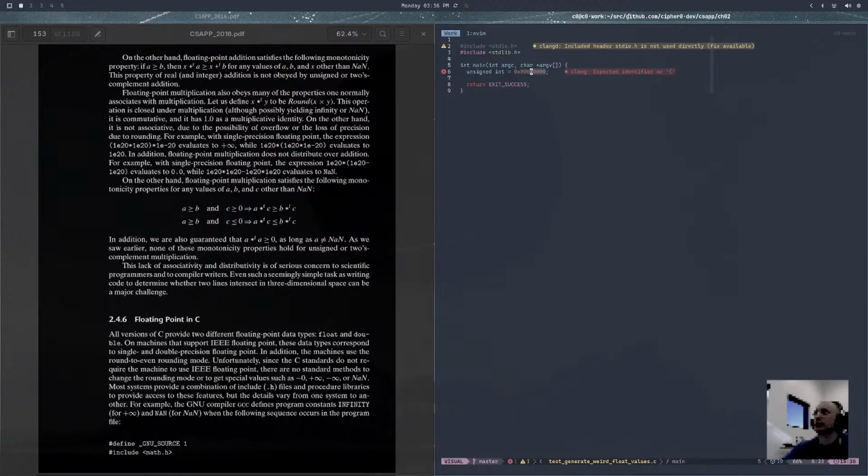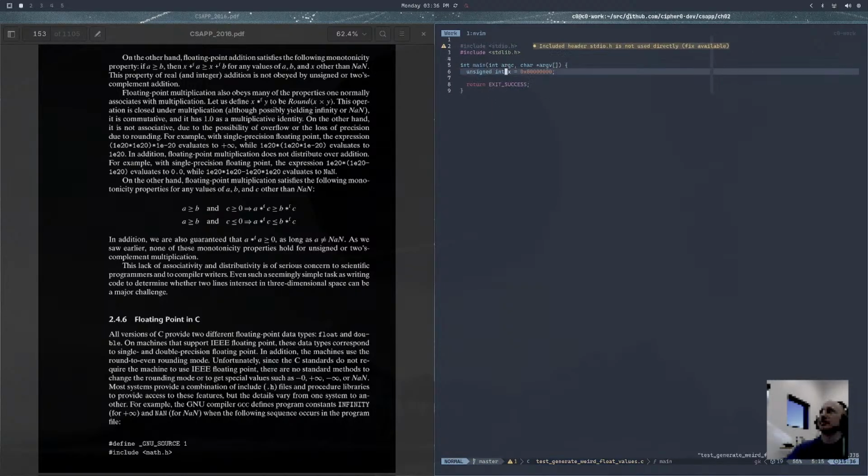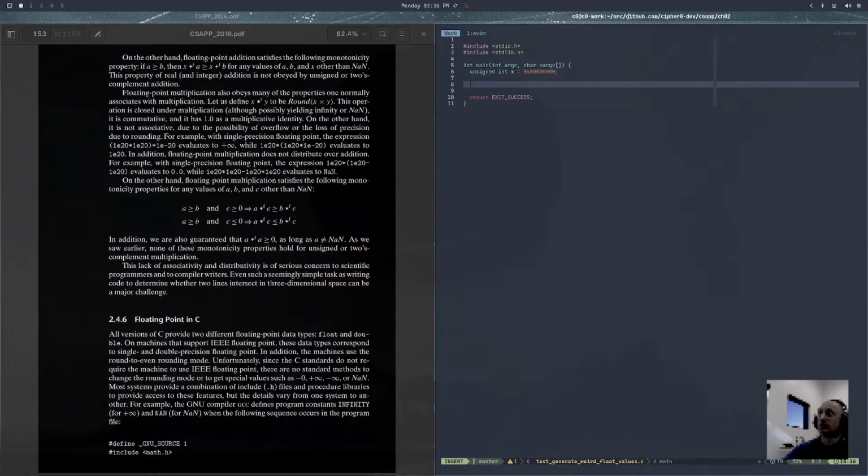We'll just call it X. What that does is that sets the sign bit to be negative, and everything else is 0, which will give us a 0 value.